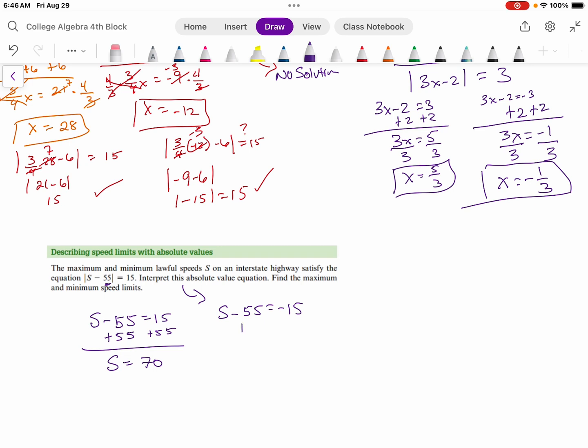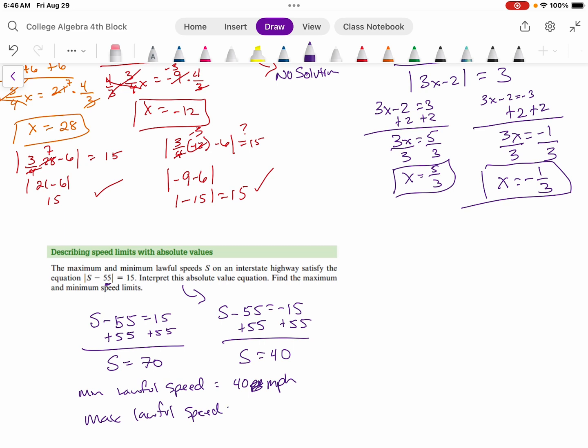And then we add the 55 across on this one, and s is equal to 40. So the minimum lawful speed is 40 miles per hour. The maximum lawful speed is 70 miles per hour.